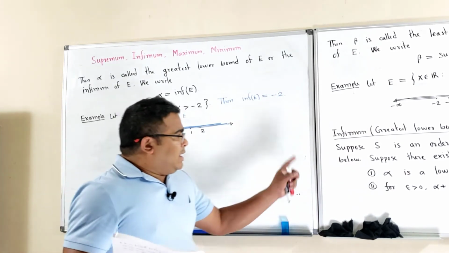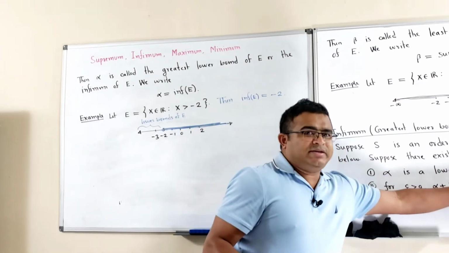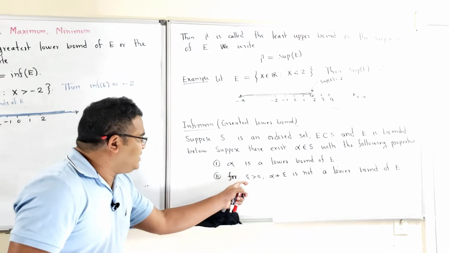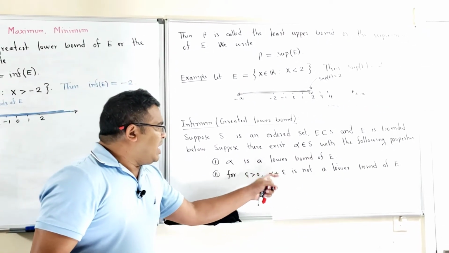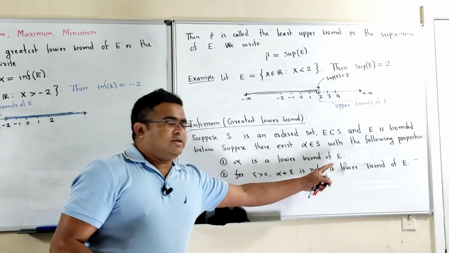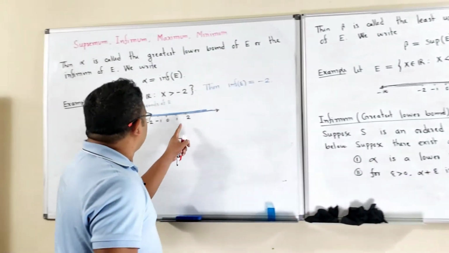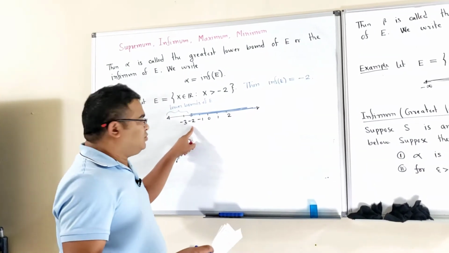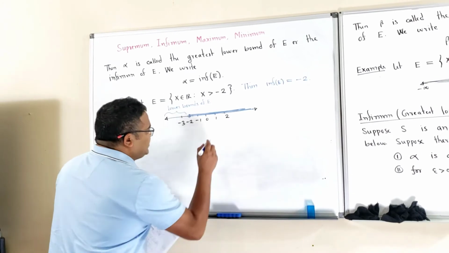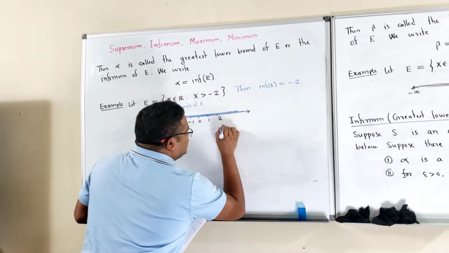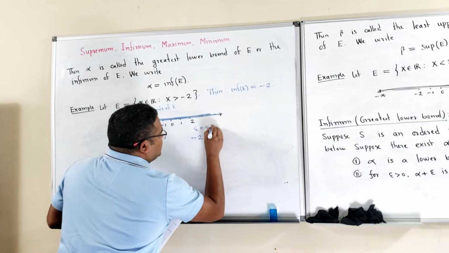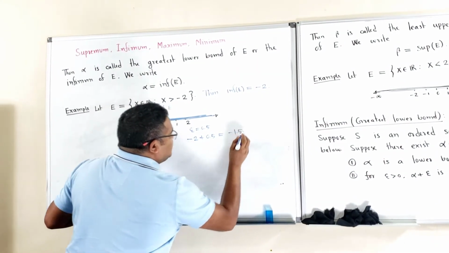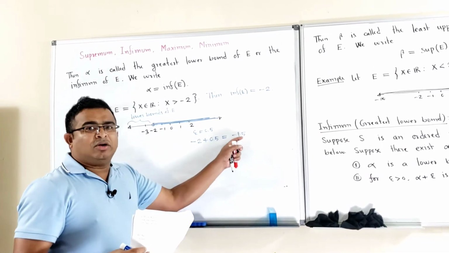Alpha should be a lower bound of the set E. Here -2 is the lower bound, and for any epsilon more than 0, alpha plus epsilon is not a lower bound of the set E. Suppose epsilon equals 0.5, then -2 plus 0.5 is -1.5, so -1.5 is not a lower bound.